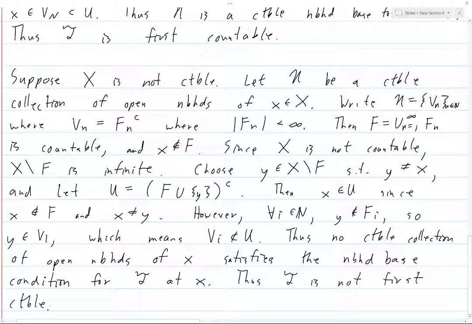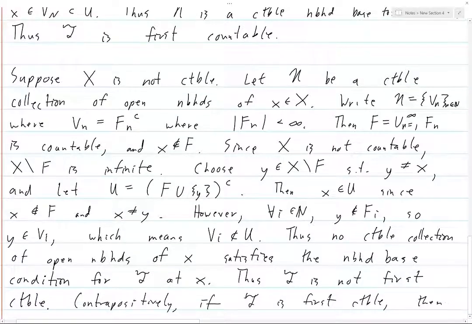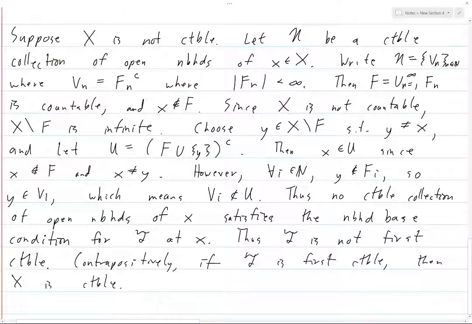Okay, so we've proven that if X is not countable, then tau is not first countable. So contrapositively, if tau is first countable, then X is countable. And that proves the other direction that we wanted.